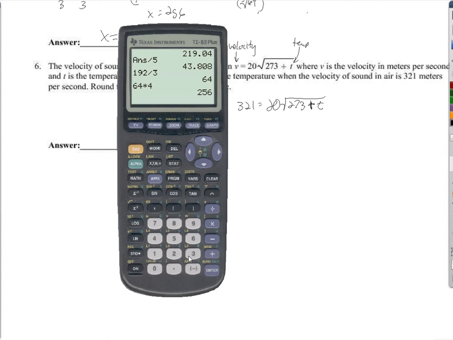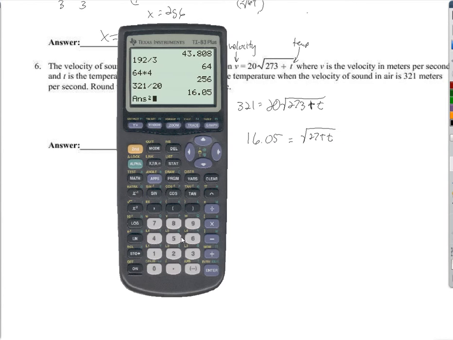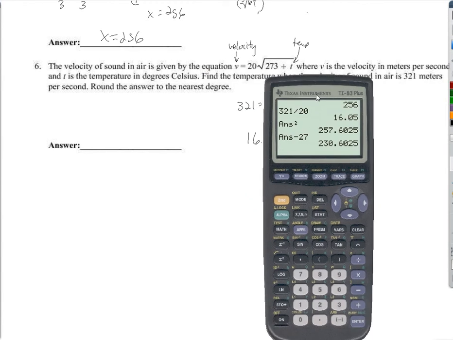I'll find out what that is. 321 divided by 20. 16.05 equals the square root of 273 plus T. We'll square both sides. That's going to be 257.6025. You know, we would write that there. That would be when we square. And then we've got 273 plus T equals this number, so we'll subtract 273 from it. And T is, what's it say, round to the nearest degree.